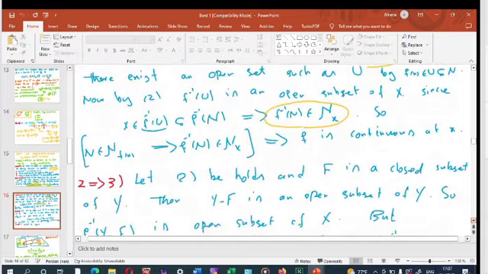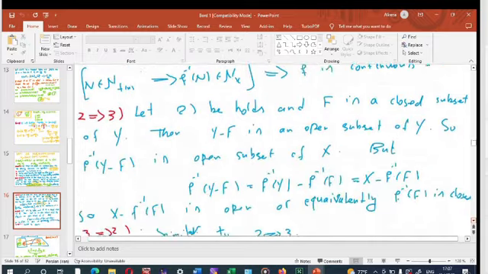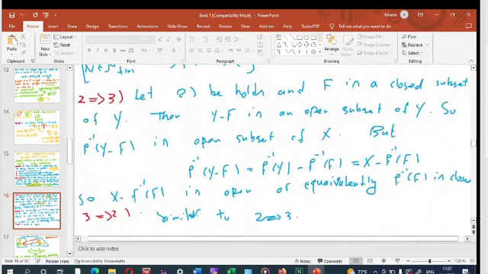And finally, 2 implies 3. This is very easy, because if 2 holds and F is a closed subset of Y, then the complement of F is open. So by 2, the inverse image of this open set must be open. The inverse image of this complement is equal to X minus the inverse image of F, the complement of this inverse image.